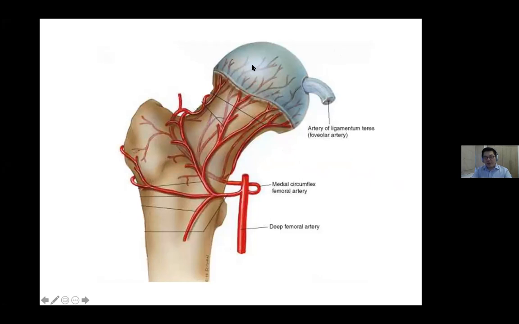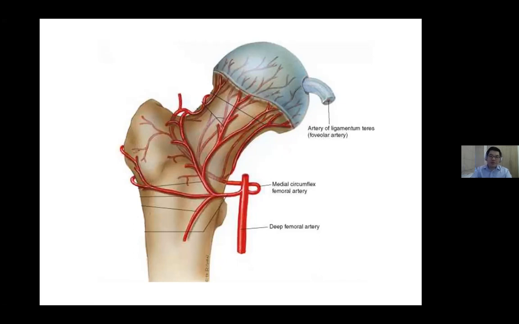And then it shoots off individual, small little arteries, which then go into the head. And it's all these small little arteries which deliver all that blood supply to the dome, to the actual ball of the thigh bone.